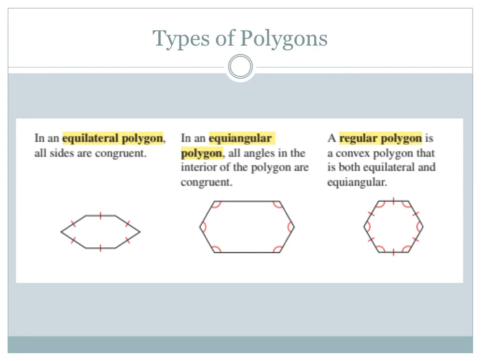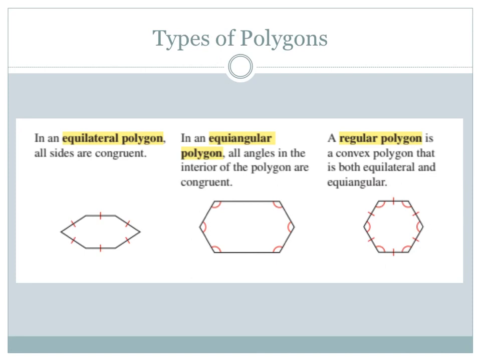So an equilateral polygon has the same side lengths. Think of a square. Think of a rhombus.